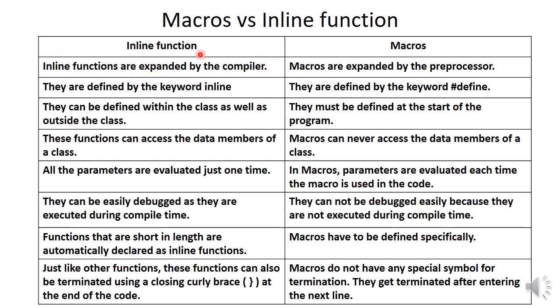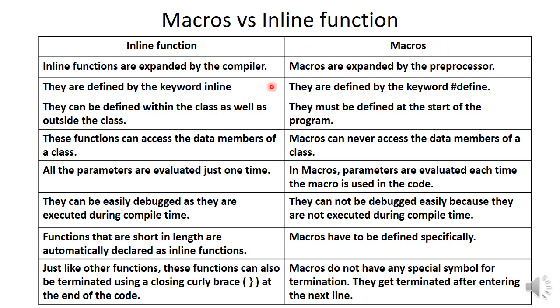So we can compare an inline function and a macro function. An inline function is a feature used in C++ to enhance the performance of a program, or just to reduce the execution time, or simply to fight against function call overheads. A macro function is also a function, used in the C programming language to optimize the C program.